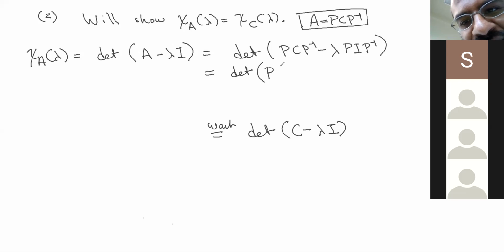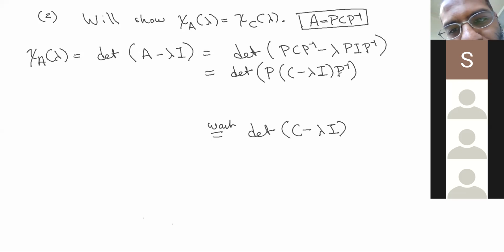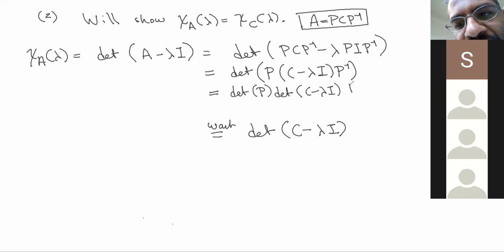So I take the P out of the left-hand side and P inverse out of the right-hand side. And you see that this is P times C minus lambda I times P inverse. You just pull the P and P inverse out. Now, again, determinant is multiplicative. So this is determinant of P times determinant of C minus lambda I times determinant of P inverse. But determinant of P inverse is 1 over determinant of P. So these cancel.